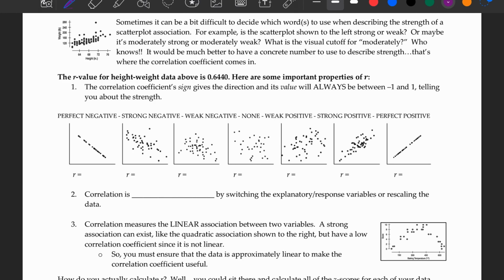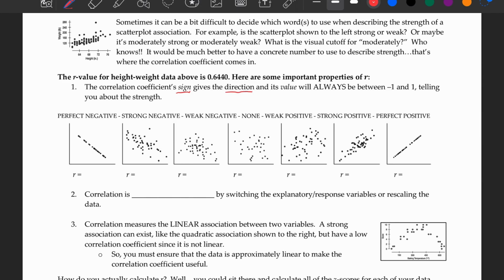And the thing that would help us to start out with is this thing called R. R has some cool things with it. First off, R is called the correlation coefficient, and the sign of your correlation coefficient gives you the direction. If you have a negative R value, you know that the relationship has negative direction.